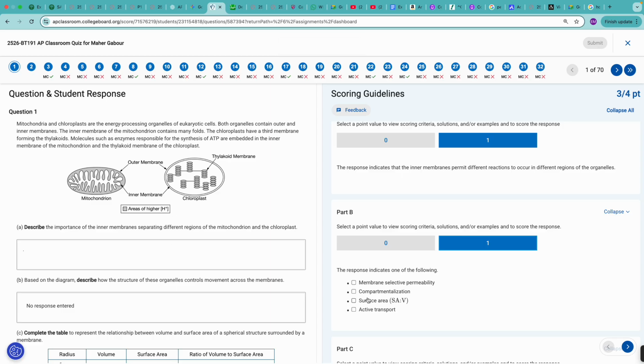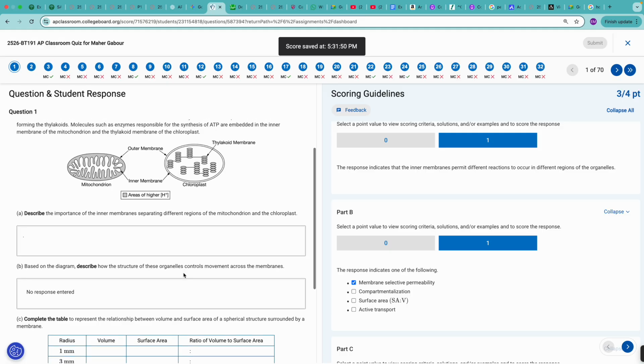You can say compartmentalization, surface area to volume ratio, or active transport. Why would I recommend membrane selective permeability? Because it controls what comes in and out of the membranes. That's just the thing that makes the most sense, so I just go with membrane selective permeability.